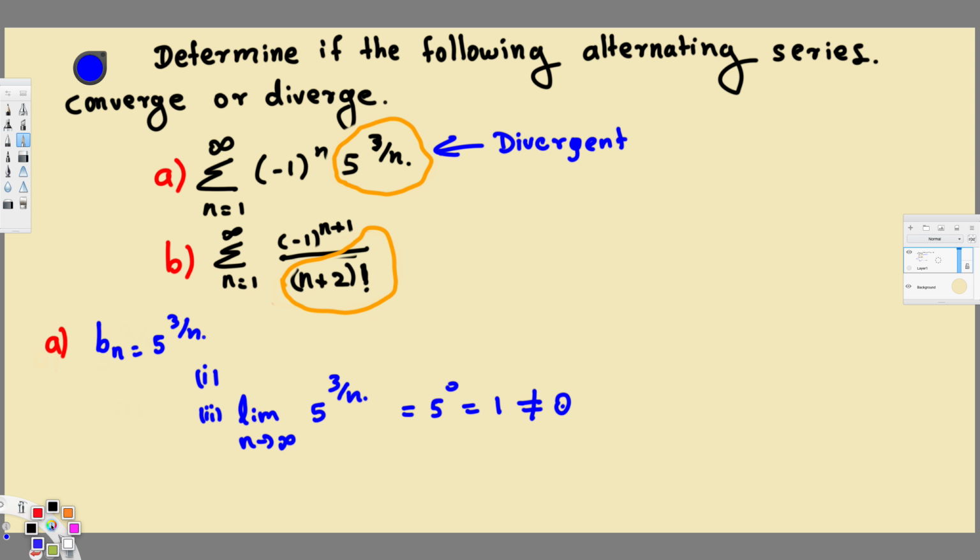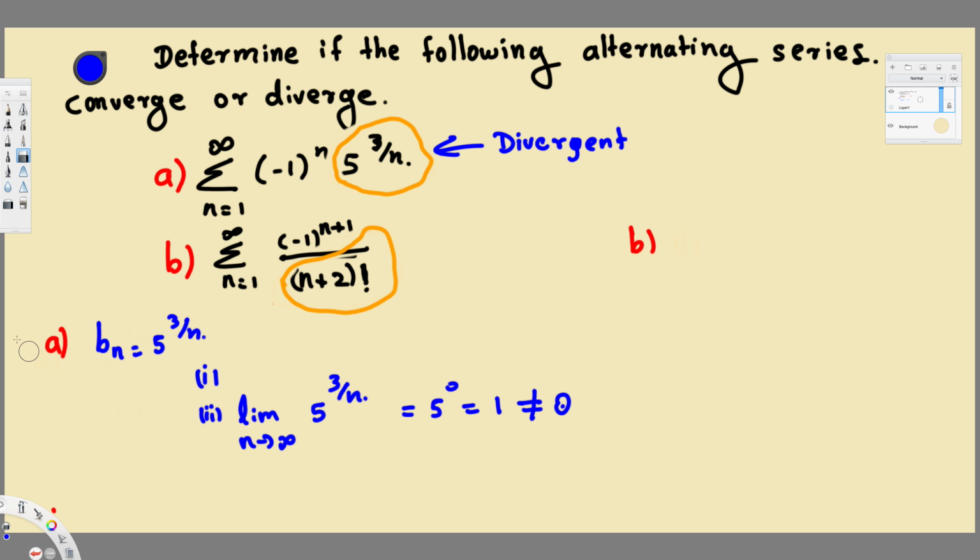Let's look at the second one. For the second one, we have to do the same thing. We have to see whether it is decreasing and whether the limit is equal to 0 in order to converge. First, we check whether it is decreasing. Since this is a factorial, let's first pick up the bn value.